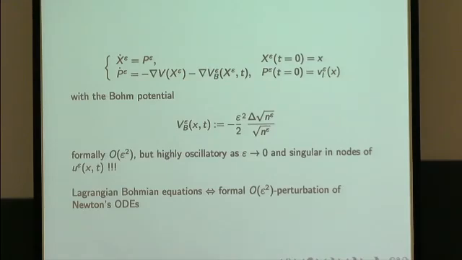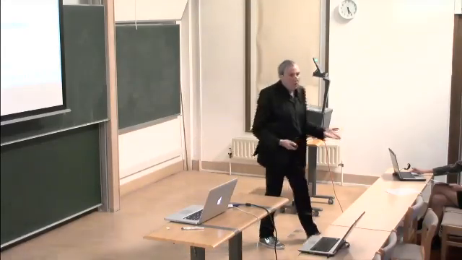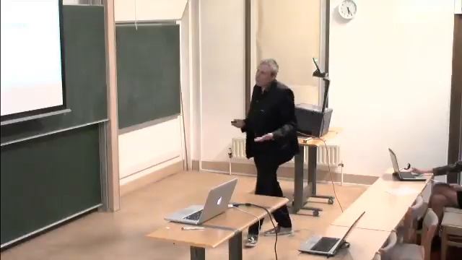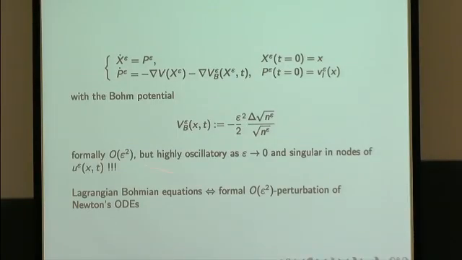Now, if you argue formally for a moment, then what you see here is that this problem is just an order epsilon squared perturbation of the Newtonian ODEs. But really not all is well in Bohmland, because of the highly oscillatory nature of the wave function, this term here can actually be of order 1 over epsilon.